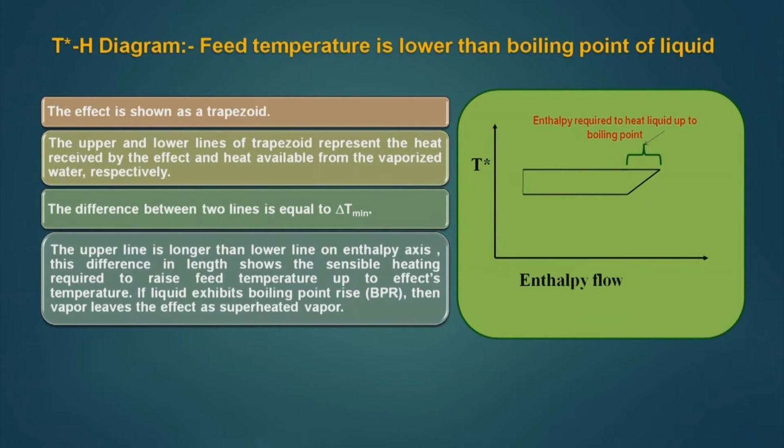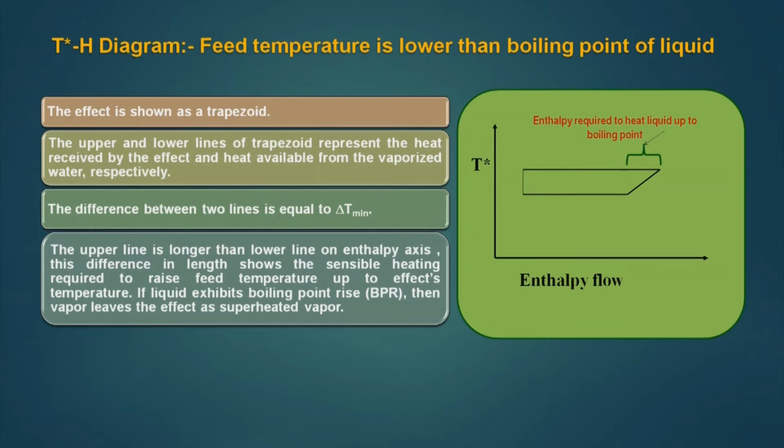We can observe that the upper line is longer than the lower line on the enthalpy axis. This difference in length shows the sensible heating required to raise the feed temperature up to the effect's temperature. When I say effect's temperature, it is the effect's boiling temperature basically.